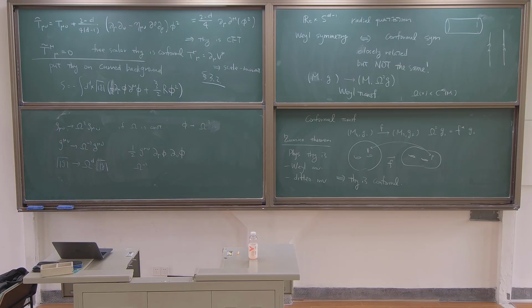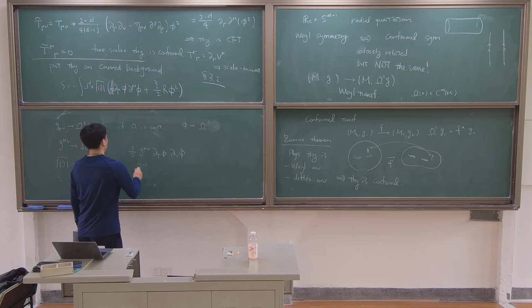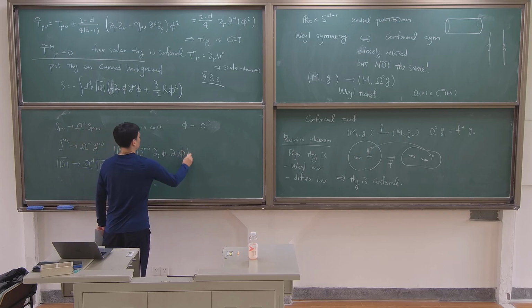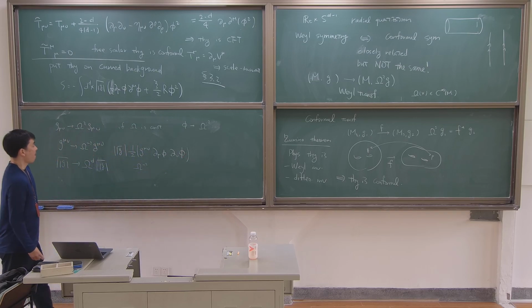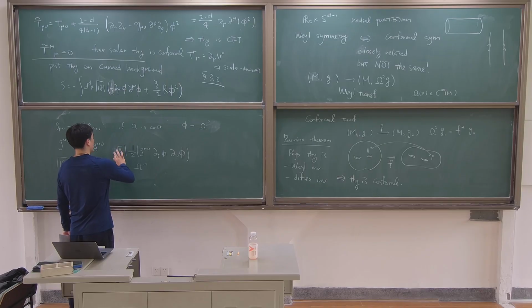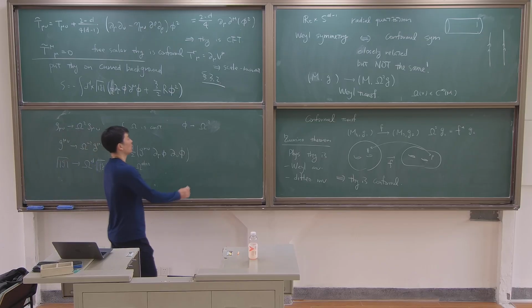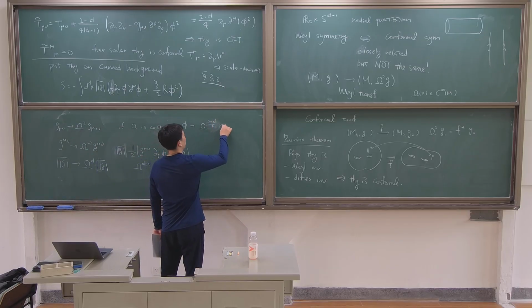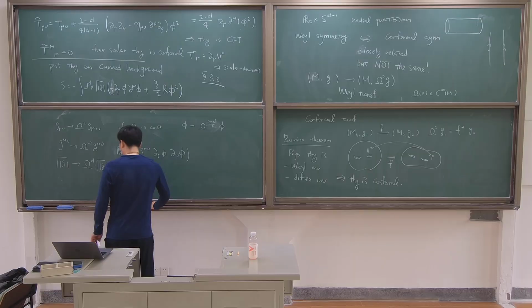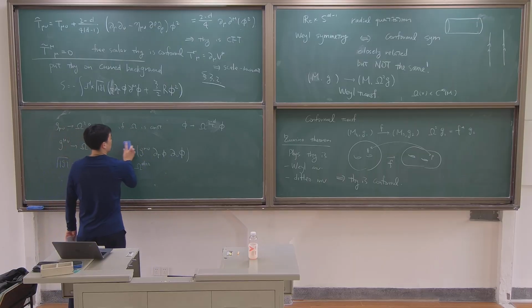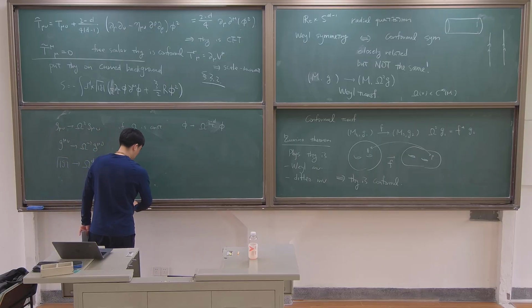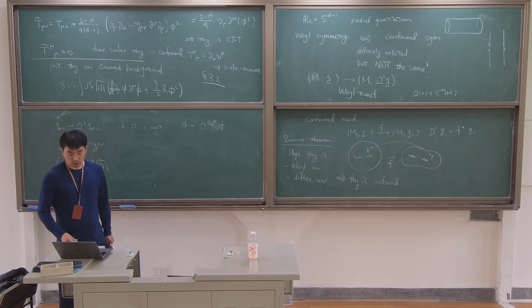So in total, the field should transform like omega to the minus (d minus 2) over 2. Therefore it should be transformed as phi goes to omega to the (2 minus d) over 2 times phi, if omega is constant. That's the transformation rule for the Weyl transformation.